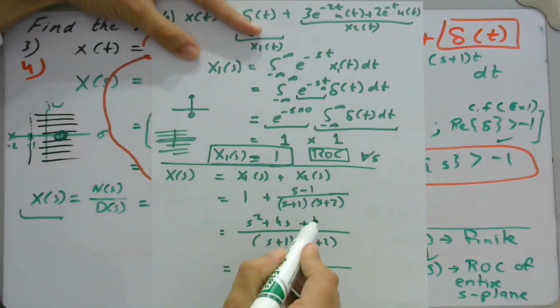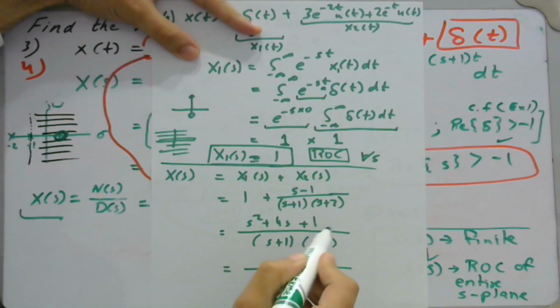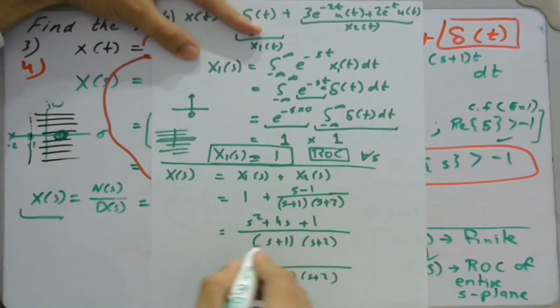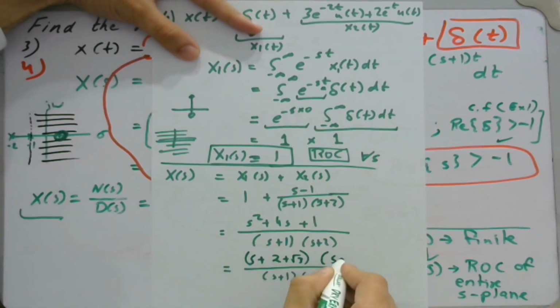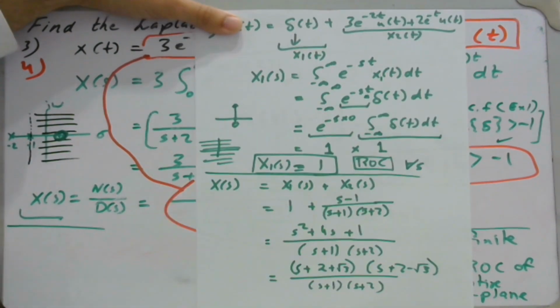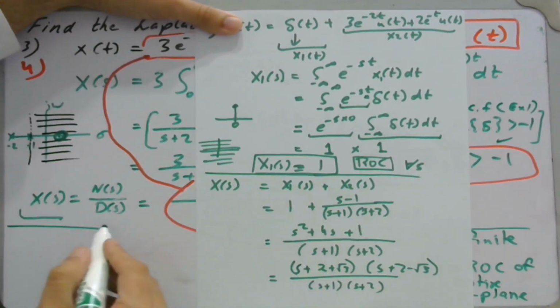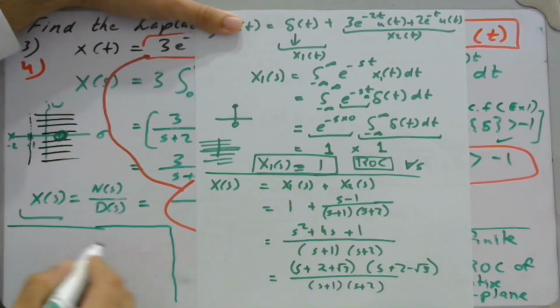So we can find the roots of the numerator from the solution of the quadratic equation, and from here we can find the s plane or the region of convergence.